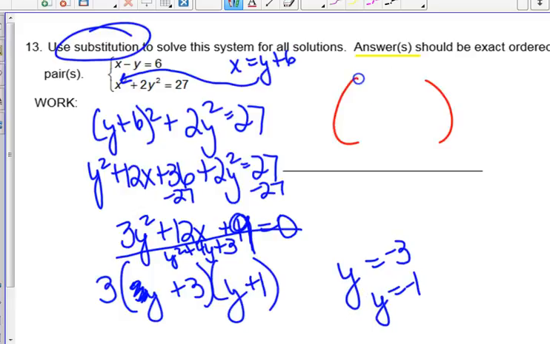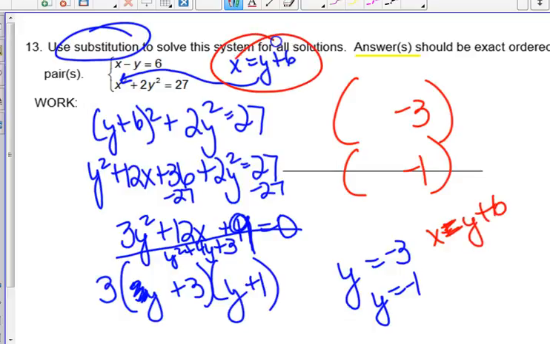So I have two ordered pairs, one with a y value of negative 3 and one with a y value of negative 1. Then up at the top it said x equals y plus 6. So if I put this in here, negative 3 plus 6 is 3.